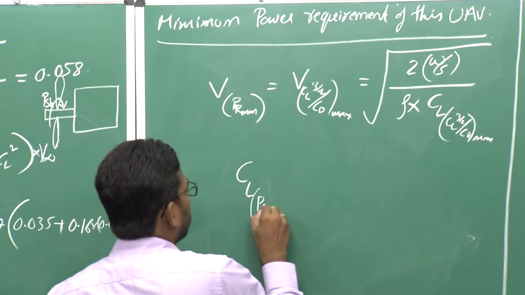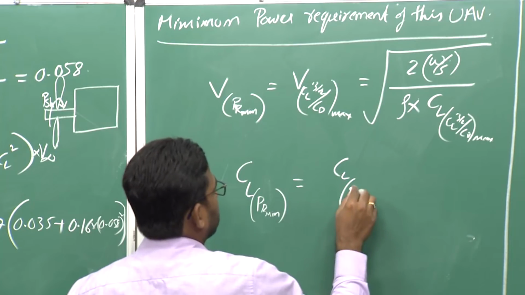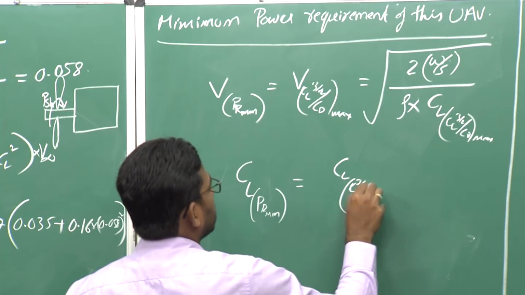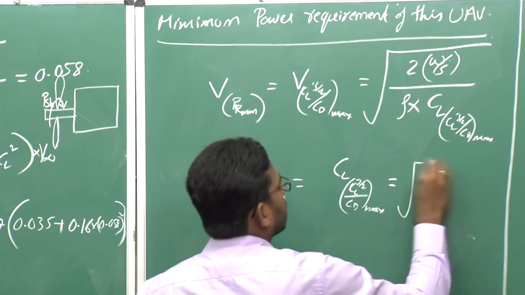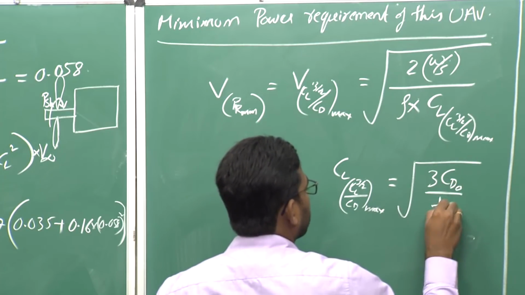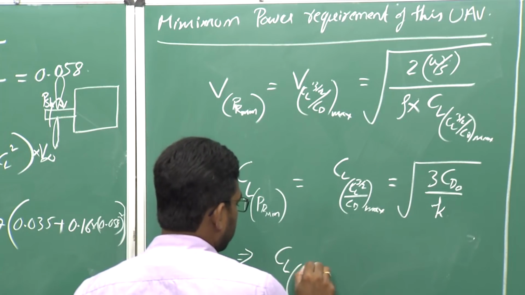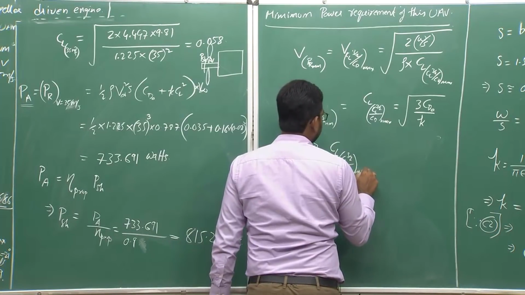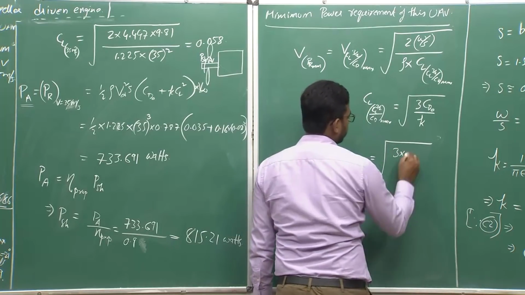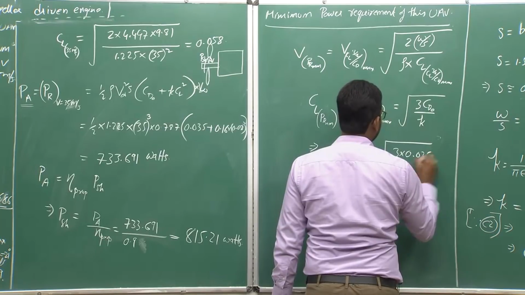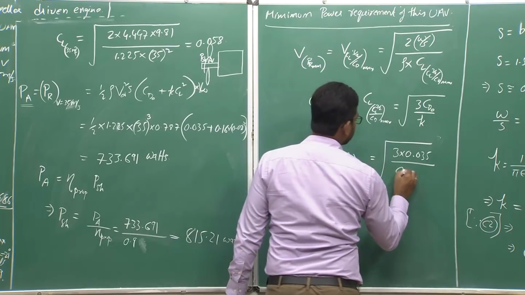CL for power required minimum is equal to the square root of 3 CD naught by K. So, this implies CL is equal to the square root of 3 into what is CD naught? 0.035, which we obtained from the drag polar, and K we have calculated, which is 0.16.